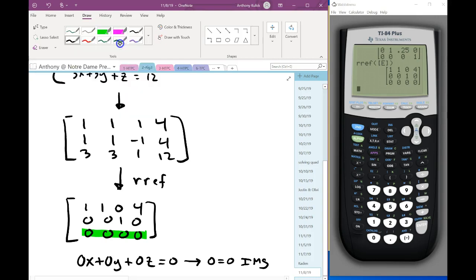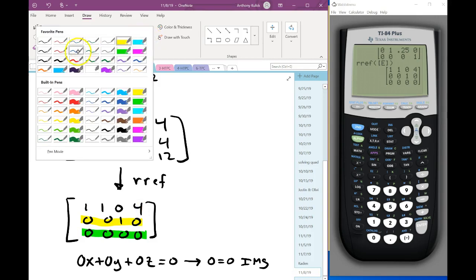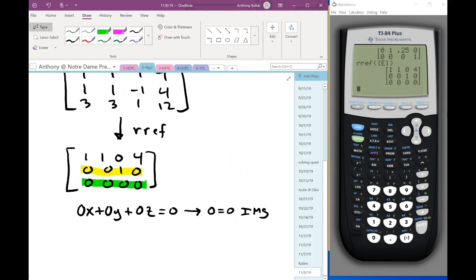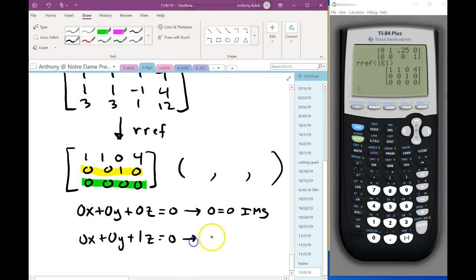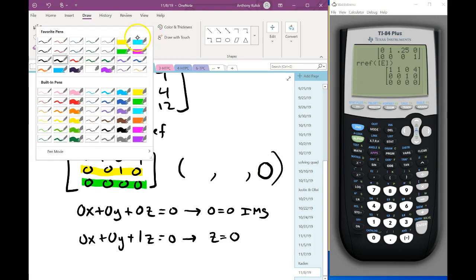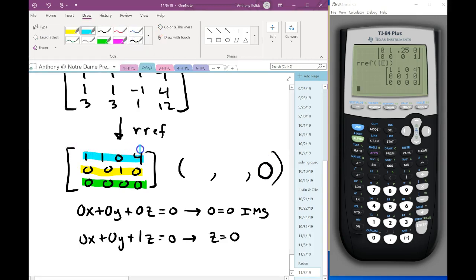Let's look at what else we have here. What is this row telling us? Well, it says 0x plus 0y plus 1z equals 0, or just that z equals 0. So I can say that. And what does the first row tell us?